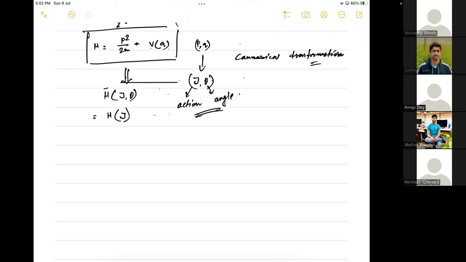So if this is the old Hamiltonian expressed in the p, q variables, and then you transform this Hamiltonian into two different variables, J and theta.